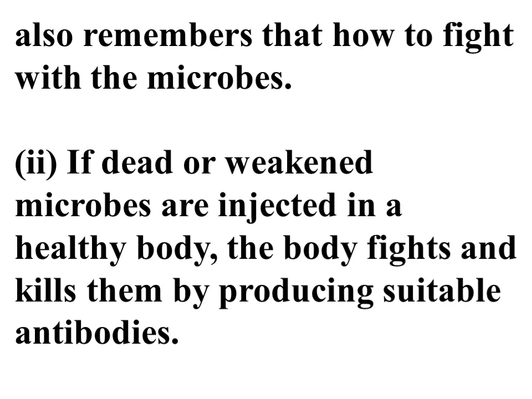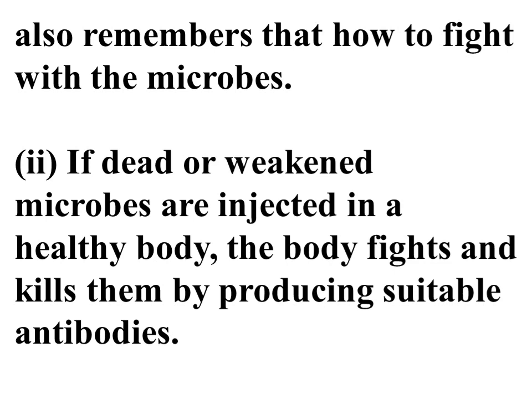In the dose of vaccination, there is a dead or weakened microbe, and that is injected in a healthy body. The body doesn't know that it is a dead or weakened microbe, so our body will start producing suitable antibodies against that particular invader.